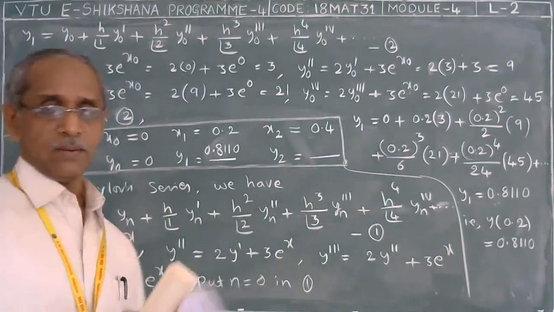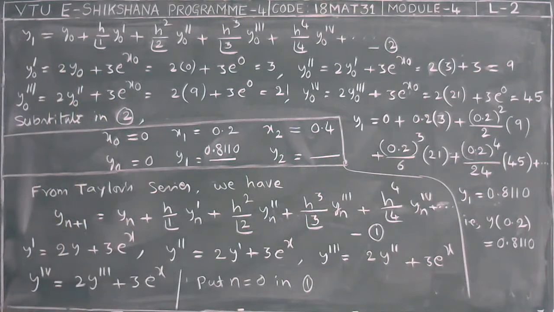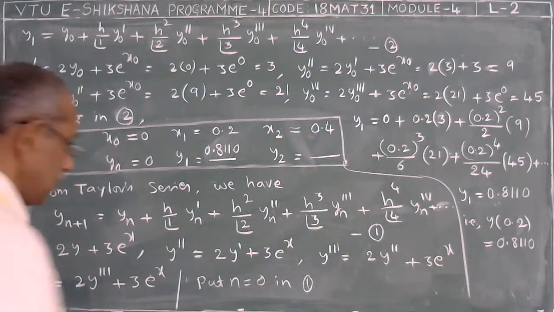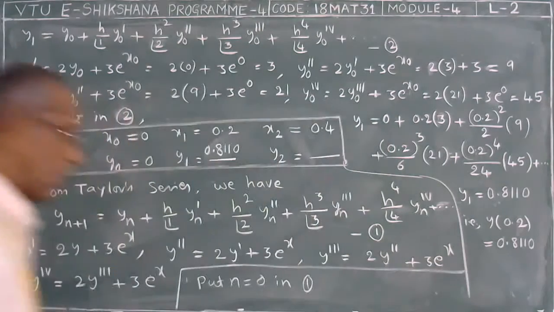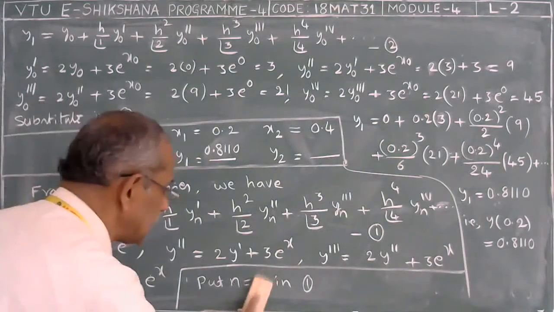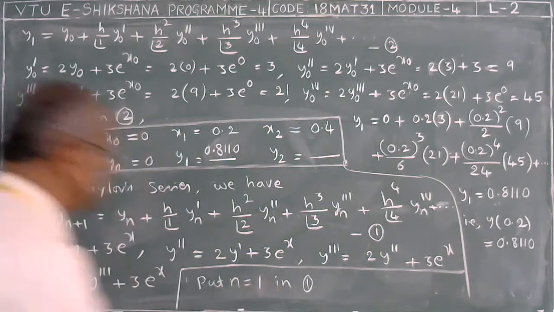That means we have to find y2. So we get y2 by replacing n by 1 in 1. So put n is equal to 1 in 1.